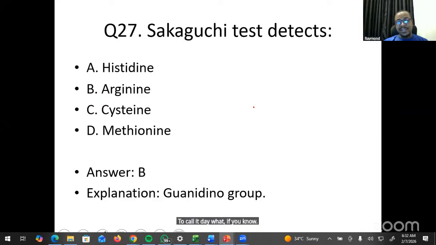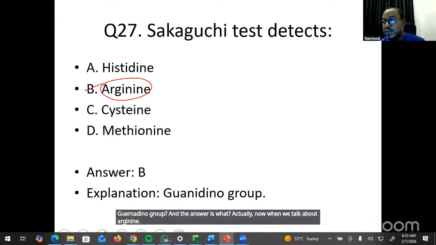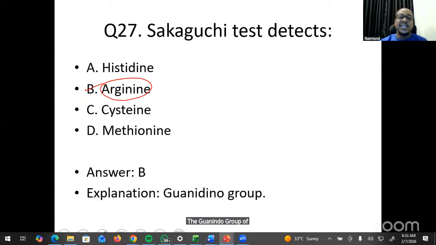The Sakaguchi test is used to test for amino acids that have a guanidino group, and the answer is arginine.